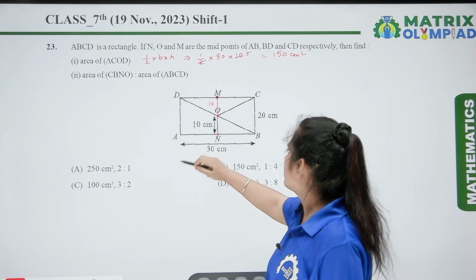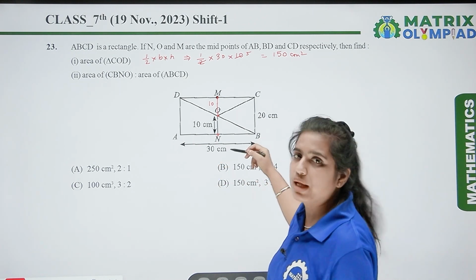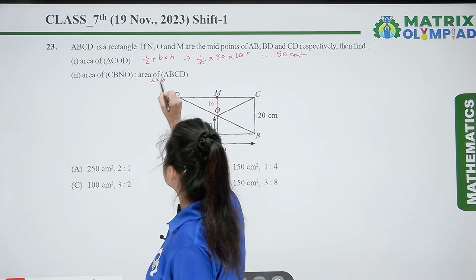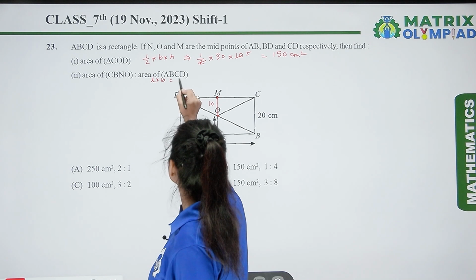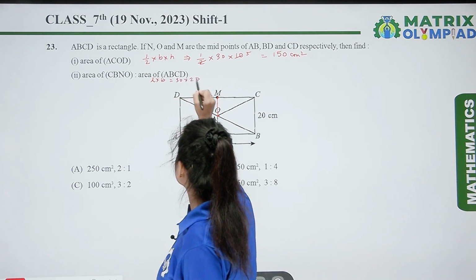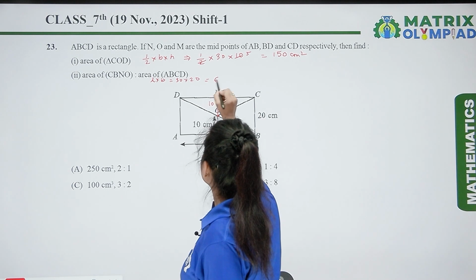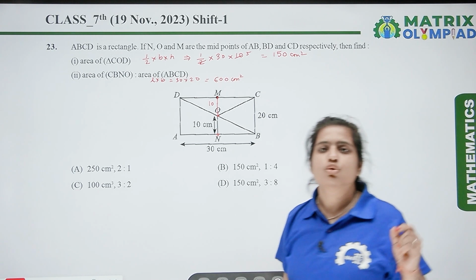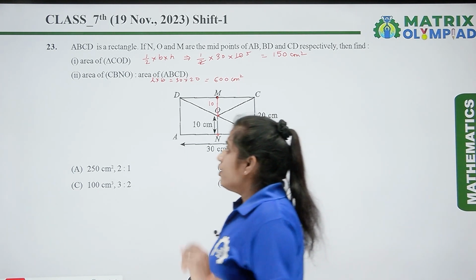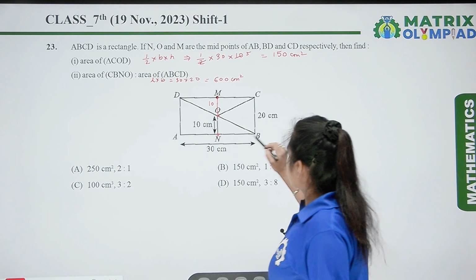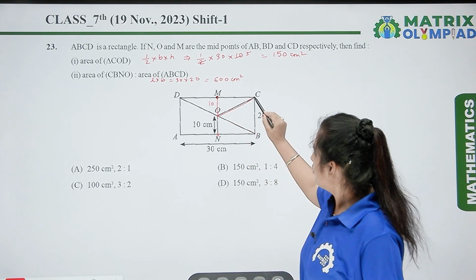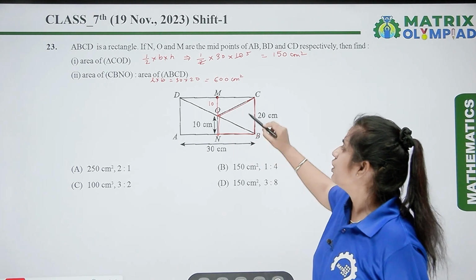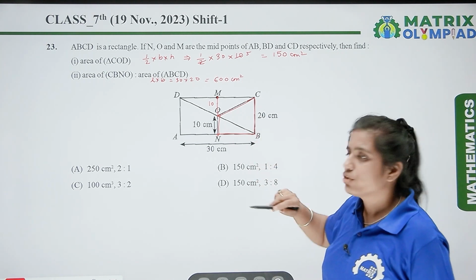So let's find out the area of ABCD. So here area of ABCD is length into breadth, that is 30 multiplied by 20. Here we get 600 centimeter square. Now we have to find out the area of CBNO. So here CBNO, we have to find out the area of this figure. So to find out the area of this figure, we are having two shapes.